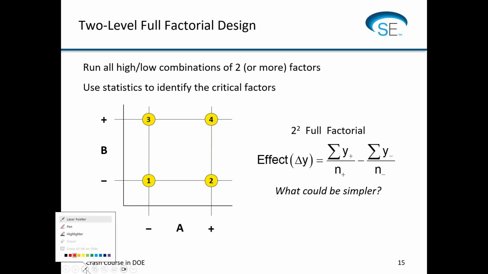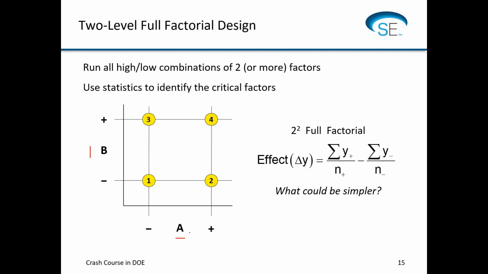In order to conduct a factorial design, we're going to look at all the various combinations. Here we have factor A and factor B, so it's a two-factor, two-level factorial design.